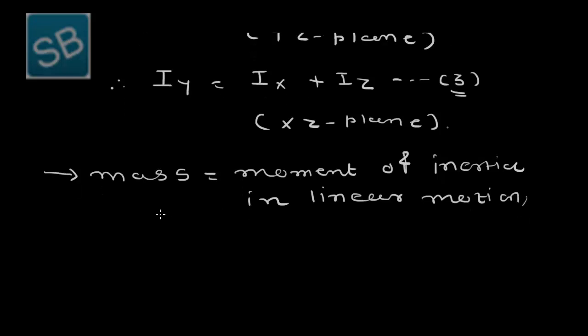Also, the moment of inertia is actually the inertia in the rotational motion. Now we will see the calculation of moment of inertia and the radius of gyration, and then we will solve some examples related to that theory.